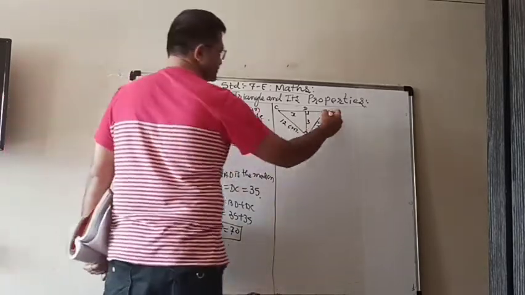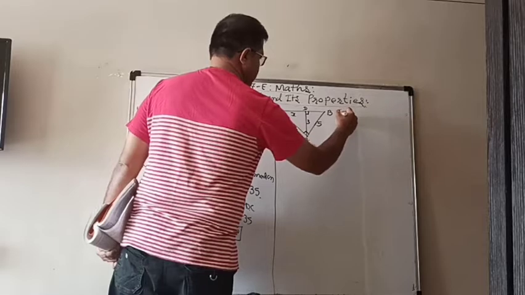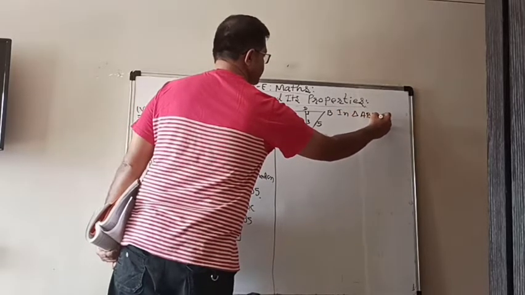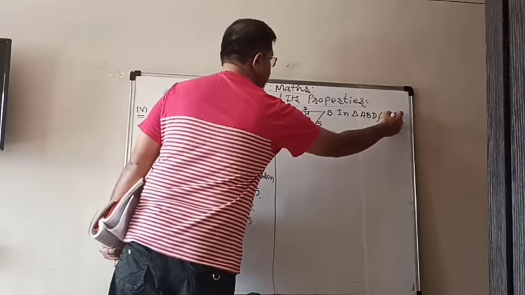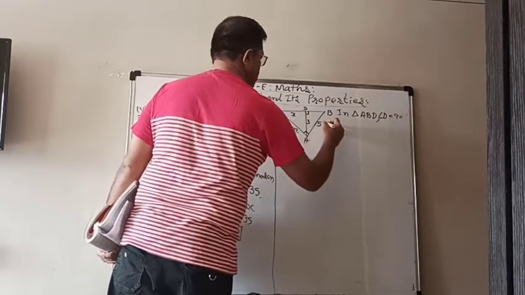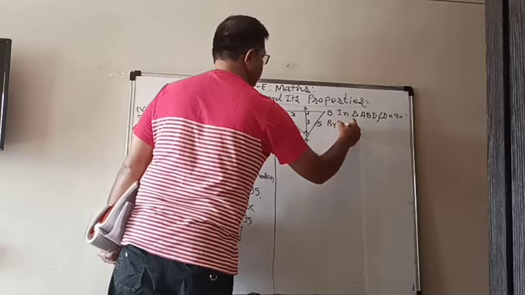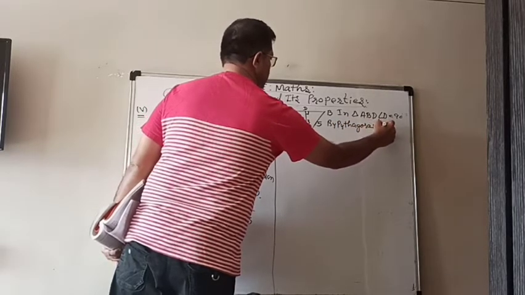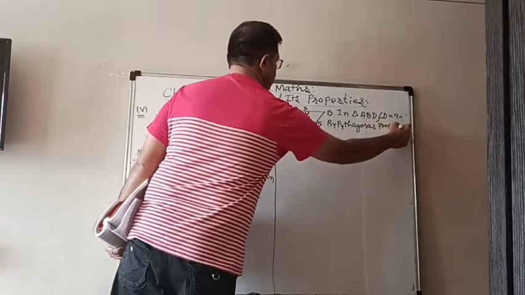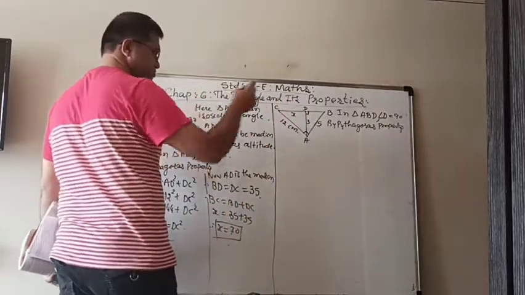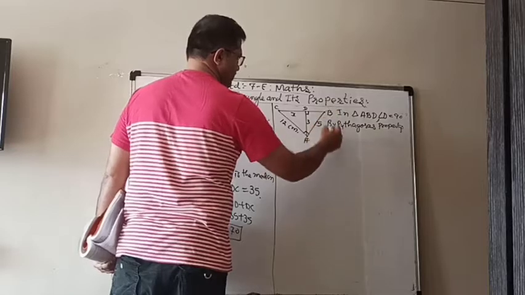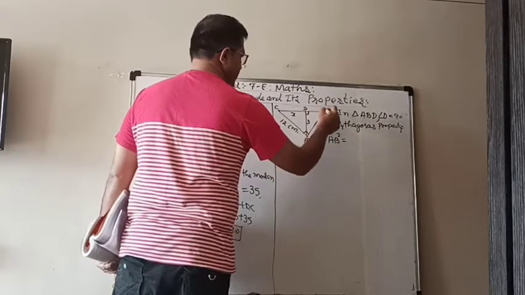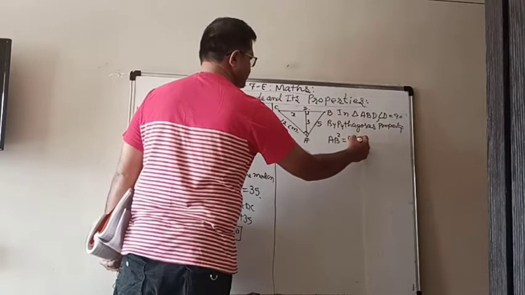So first, in triangle ABD, angle D is 90 degree. So now by Pythagoras property, now this is the hypotenuse. So AB square is equal to AD square plus BD square.